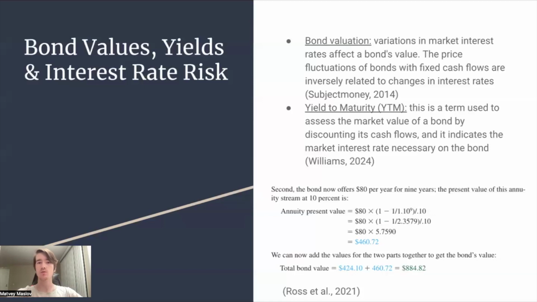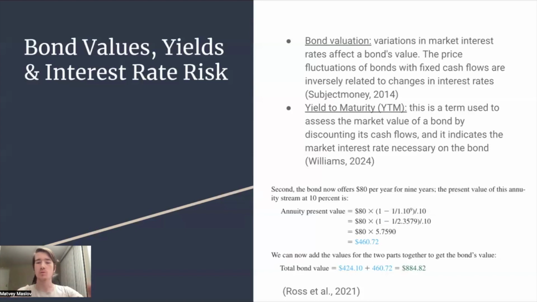And then moving forward, there's the yield to maturity, which is a term used to assess the market value of a bond by discounting its cash flows, and it indicates the market interest rate necessary on the bond. Over here, we can see one of the examples from our course book, where the second bond now offers $80 per year for 9 years, the present value of this annuity stream at 10%.